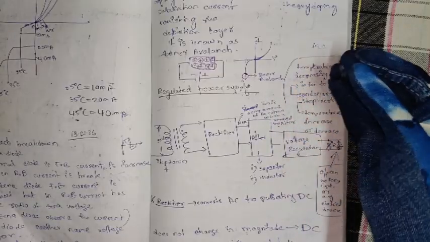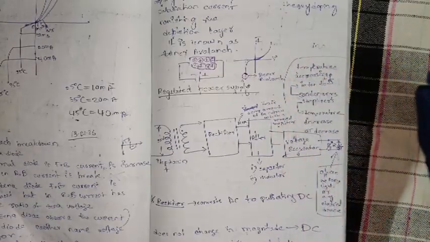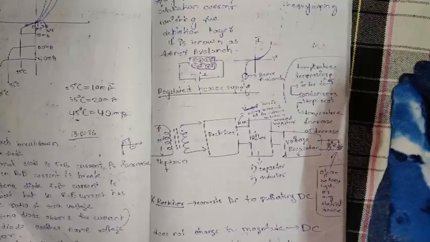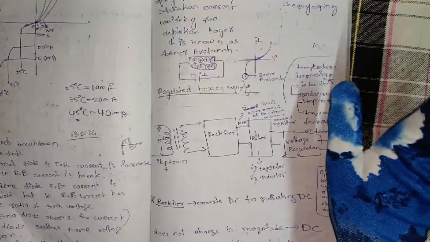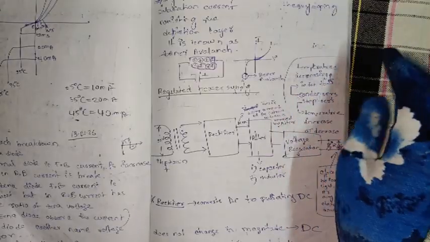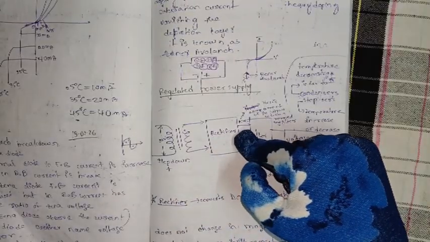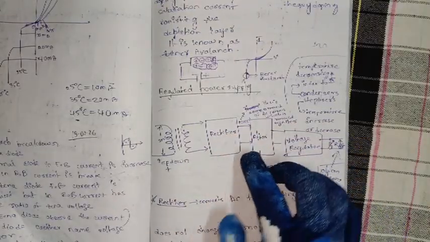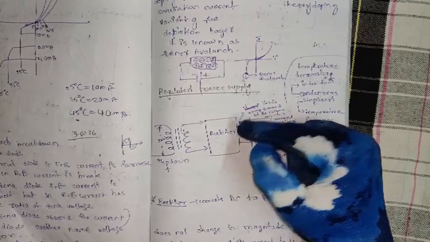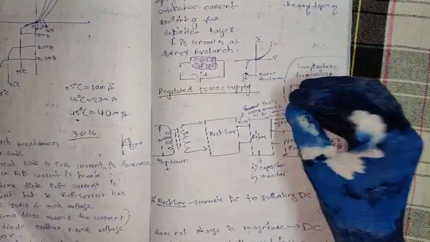It blocks the AC and only provides DC. The rectifier output contains a DC component plus an AC component.